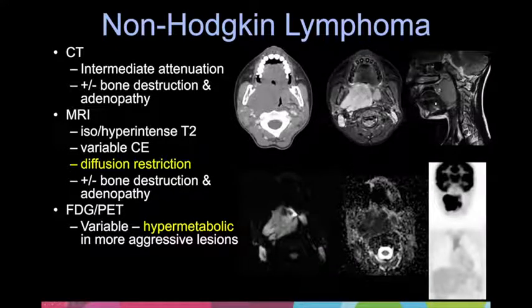The lesion is mildly hypointense on T2 weighted images, but slightly hyperintense relative to muscle. Shows diffuse enhancement and diffuse diffusion restriction, as well as avid FDG uptake. This proved to be B-cell lymphoma. Differential diagnosis would certainly include rhabdomyosarcoma.